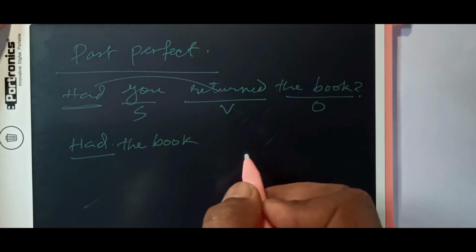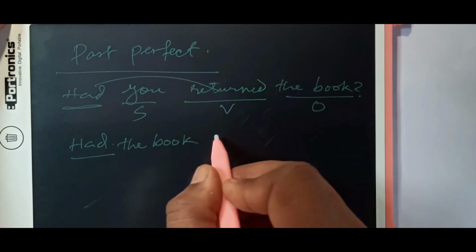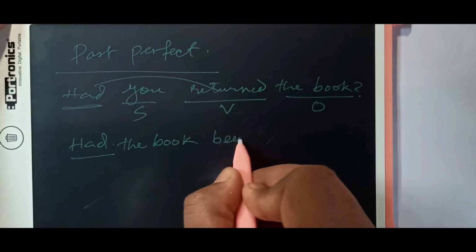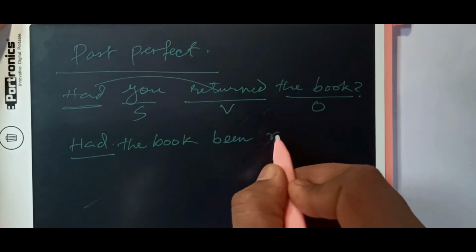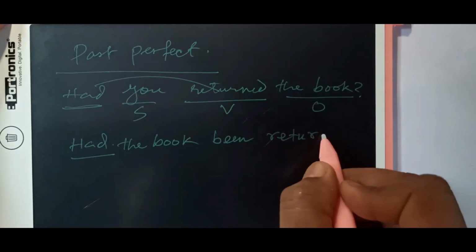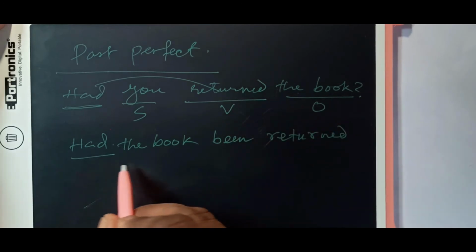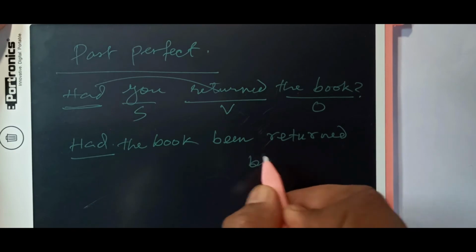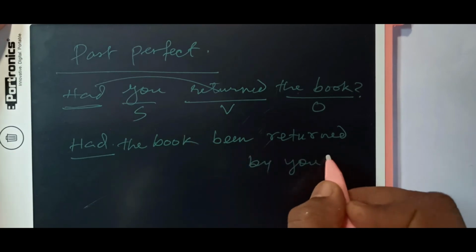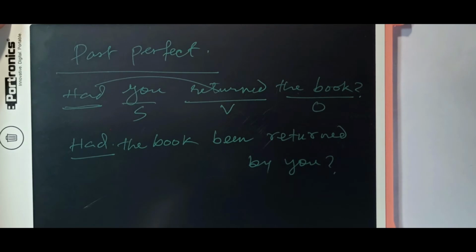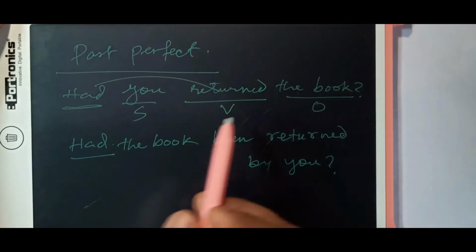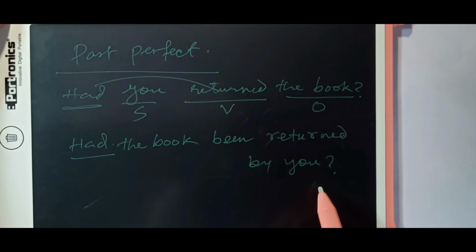Now what do you introduce in the case of perfect tense? That is been. Had the book been? Now our verb comes as it is, returned, past participle. Had the book been returned by you? You can refer to present perfect interrogative sentences in the case of inverted questions. Similar is the case here also. Same process we use in changing.